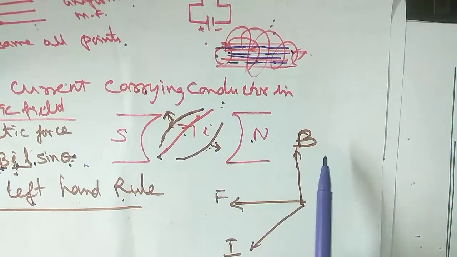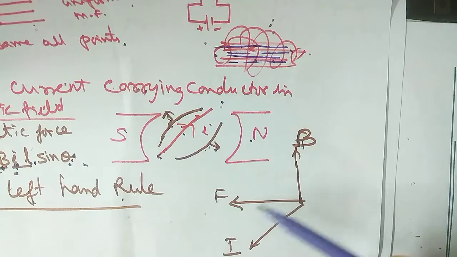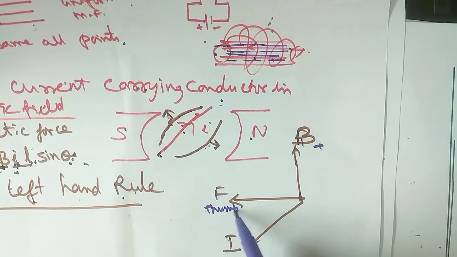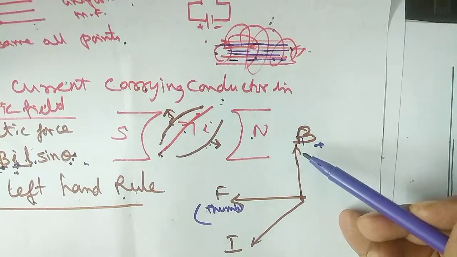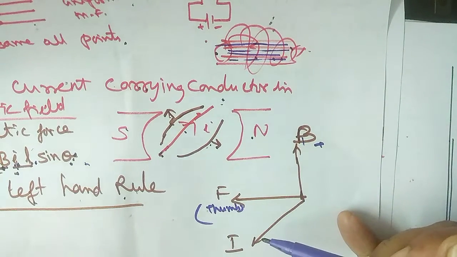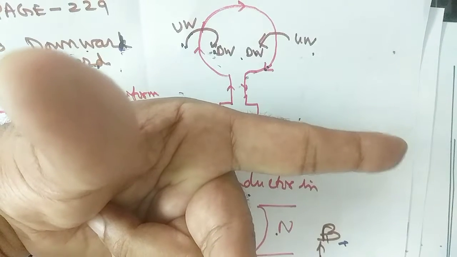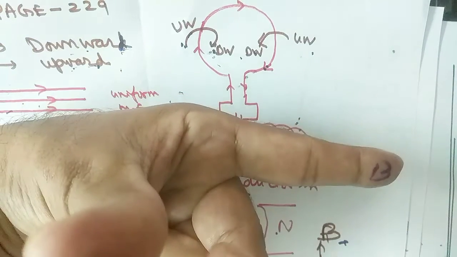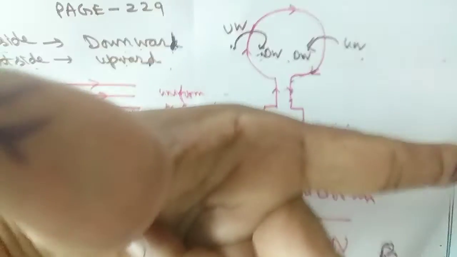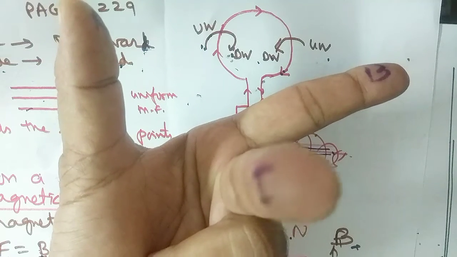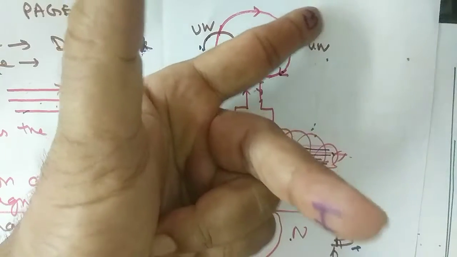So what is Fleming's left hand rule? If you stretch the first 3 fingers including the thumb of the left hand, mutually perpendicular, then the thumb will show the direction of the magnetic force, the first finger will show the direction of the magnetic field, and the middle finger will show the direction of the current.